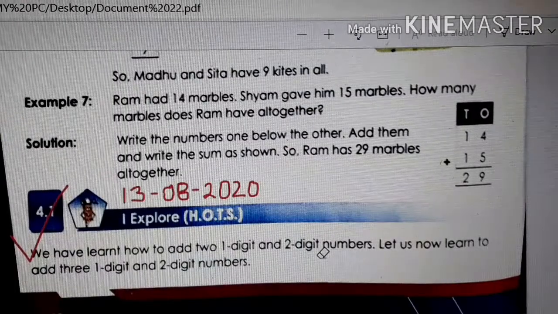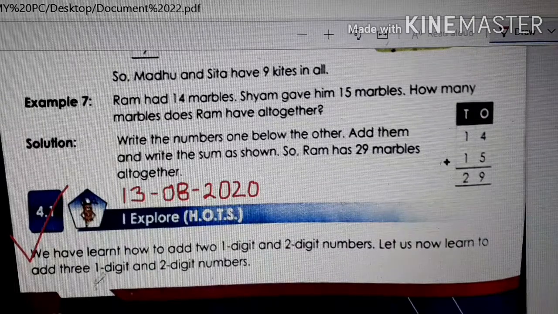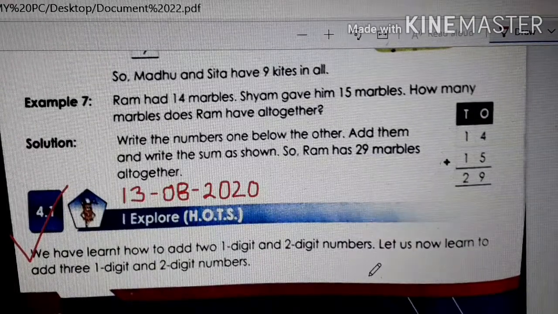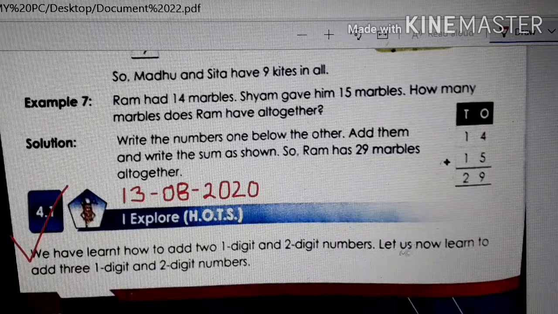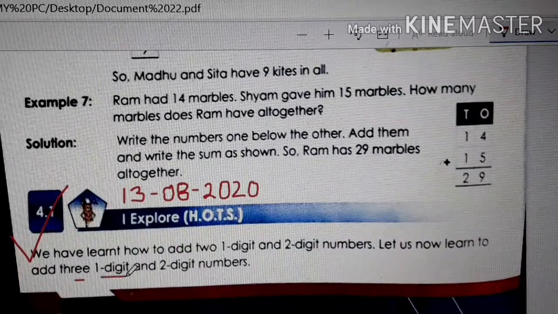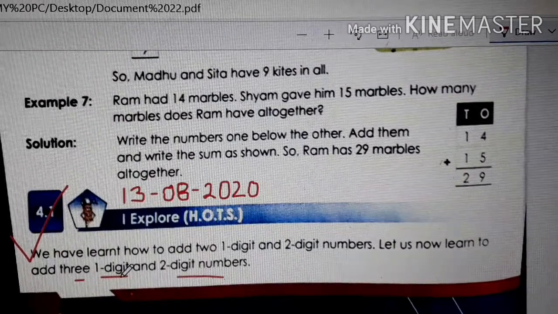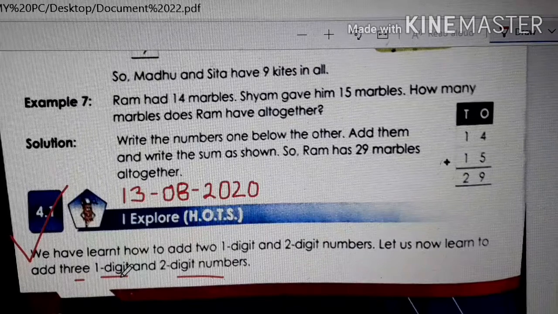Take out page number 50 of your book. Now children, as I told you, the objective of the class today is to learn how to add three one digit and two digit numbers. First we will learn how to add three one digit numbers.